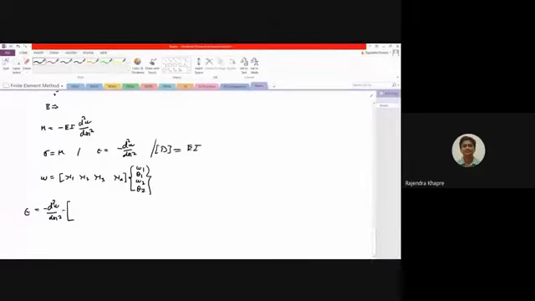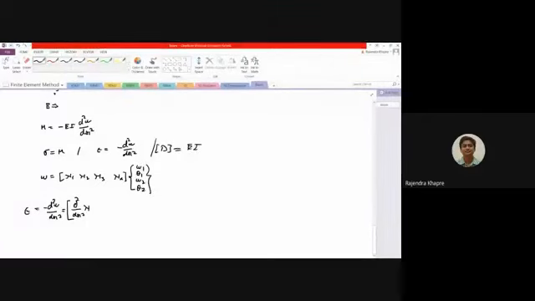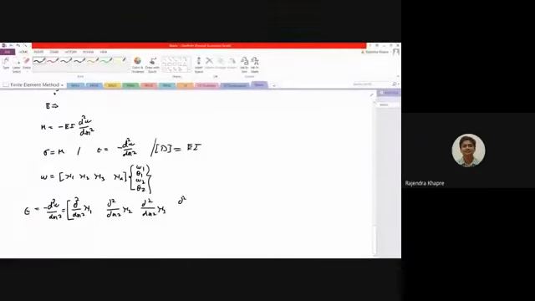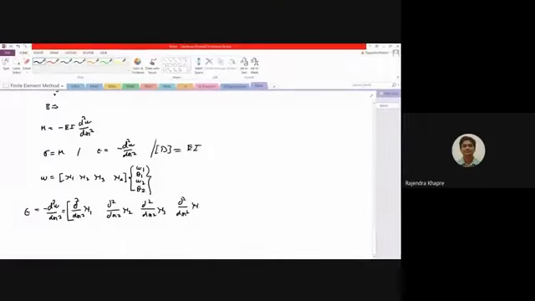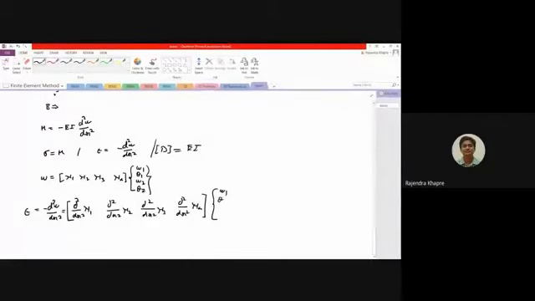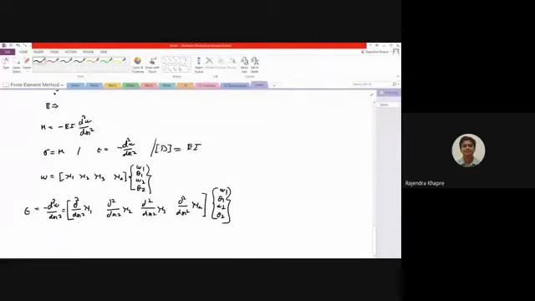In the simplest form, that is d square by dx square of N1, then d square by dx square of N2, N3 and N4, multiplied by W1, theta 1, W2 and theta 2. All I have to do is take a derivative of each N two times, and then this entire matrix.